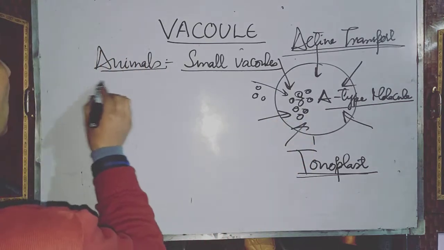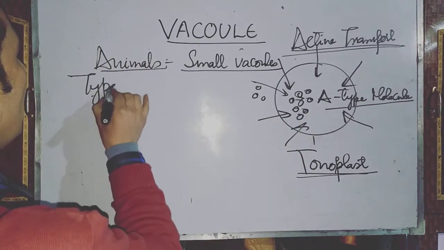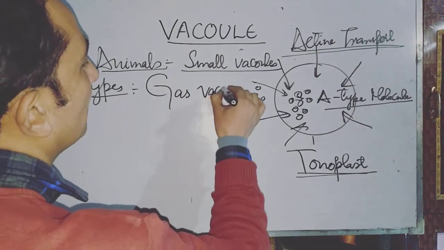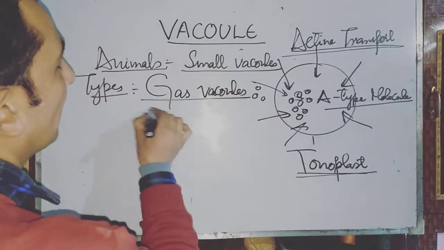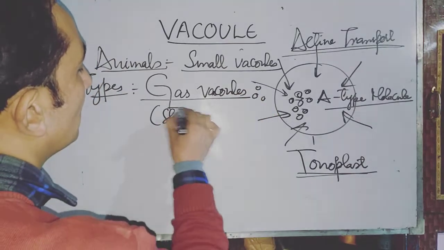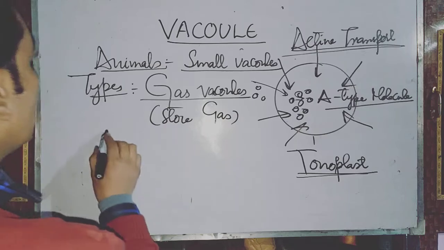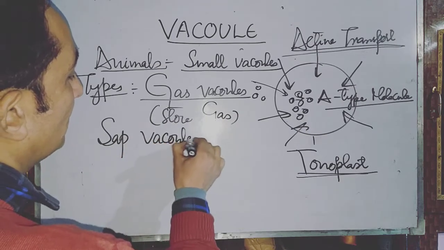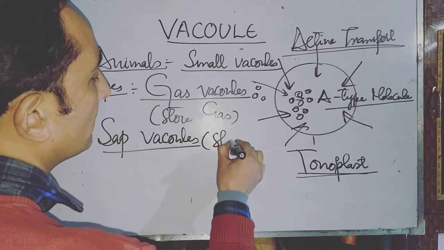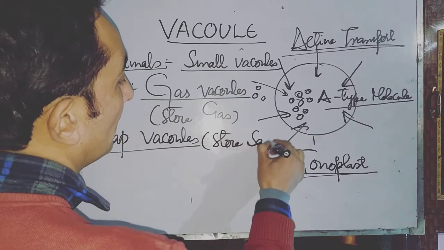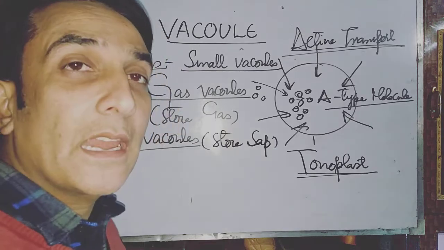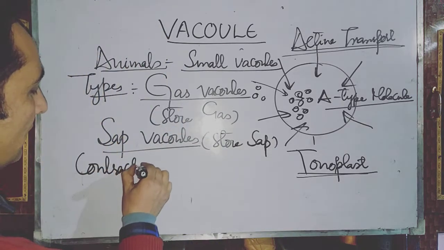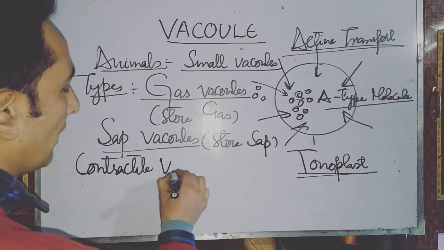Then types of vacuoles. The vacuoles can be of different types, like gas vacuoles, which store gas. Then there can be sap vacuoles which store sap, and again there can be contractile vacuoles, like you can find in amoeba.